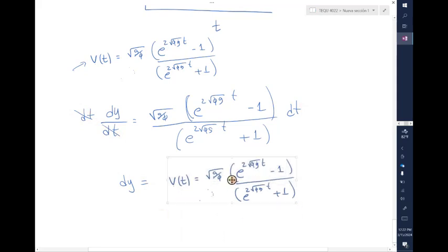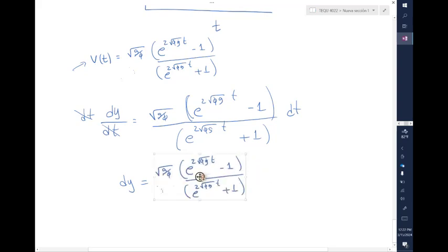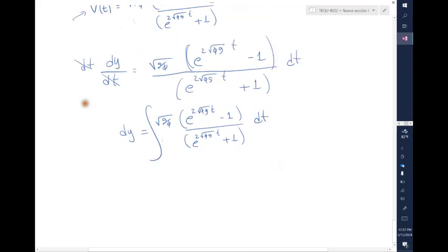Let's fix this a little bit more, so let's delete what is not required here. At 0, this integral is 0 for whatever time. So what we need to do is to integrate this.